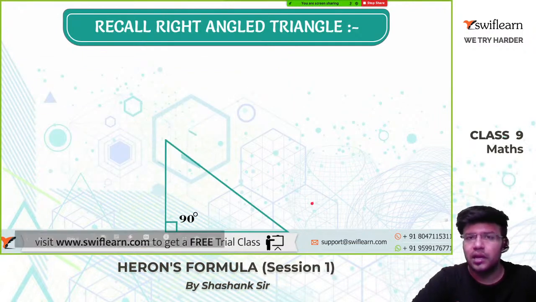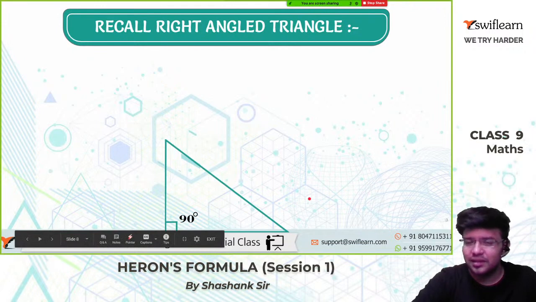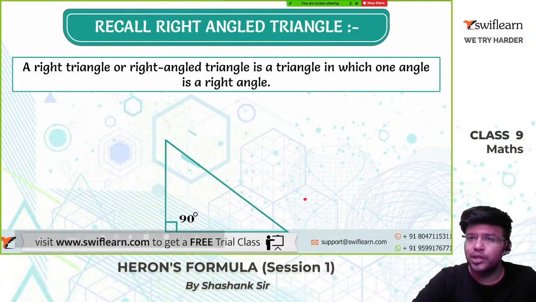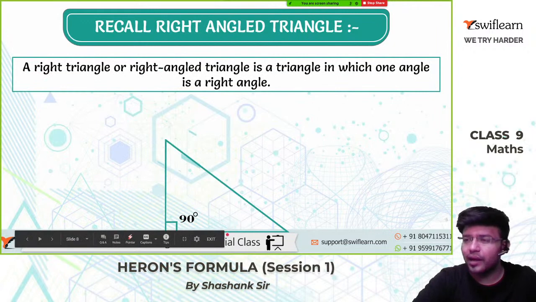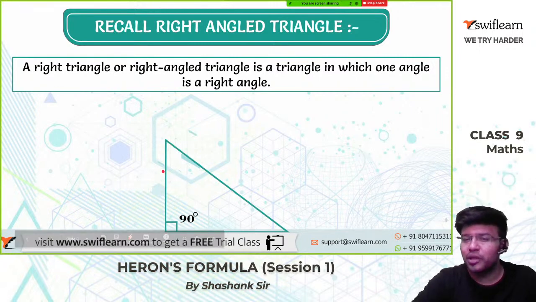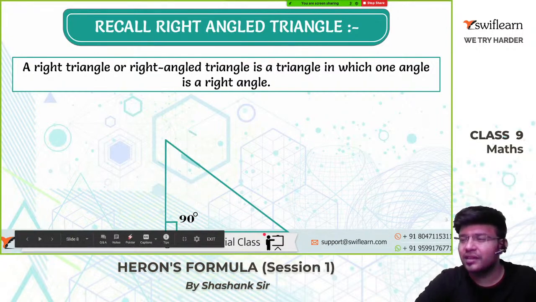What is a right angle triangle? A triangle in which one angle is a right angle, equal to 90 degrees. The other angles may be any angles, but remember the sum of all three angles is 180.